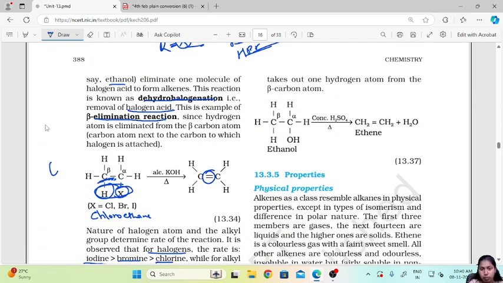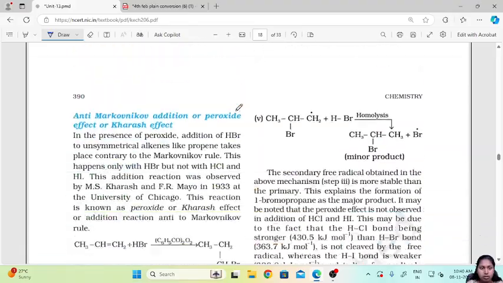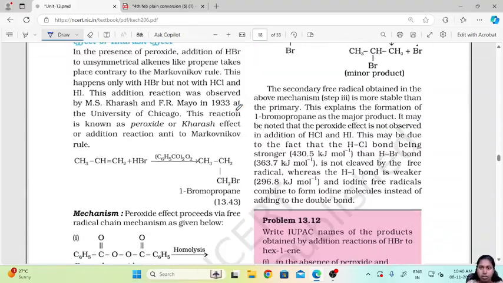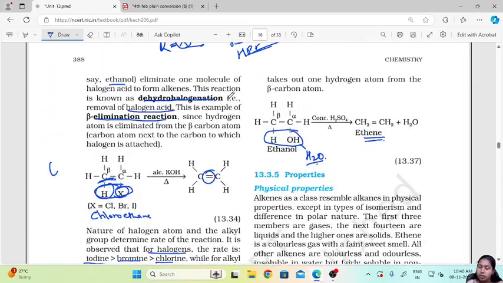This OH group takes up this hydrogen and leaves as H2O, and you form your alkene. So these are the reactions of alkenes.